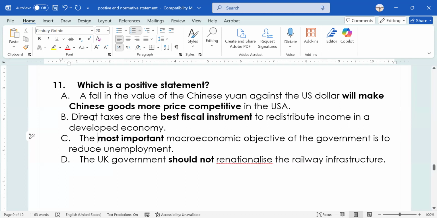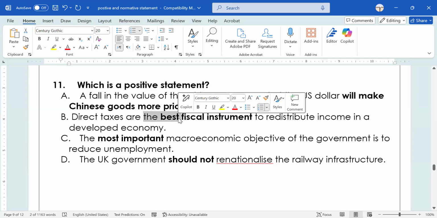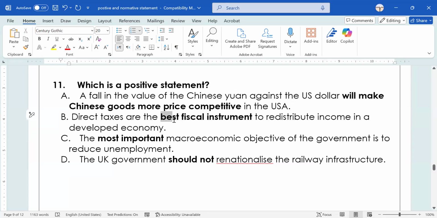Letter B, you have the word best, and best really shows a value judgment. It's someone's opinion, not a general one. Different economists and politicians might disagree. Letter A is the correct answer.